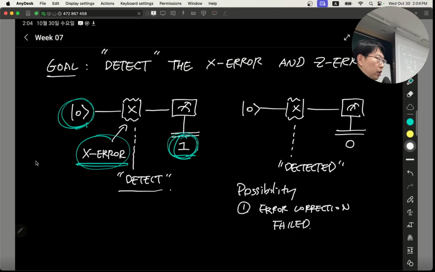You detected an error, but it's not really an error. Another possibility is that there is an error and you didn't detect it. That's the same question as the first possibility, but there's also the possibility that you have an error at the measurement stage. So here a measurement error occurred.